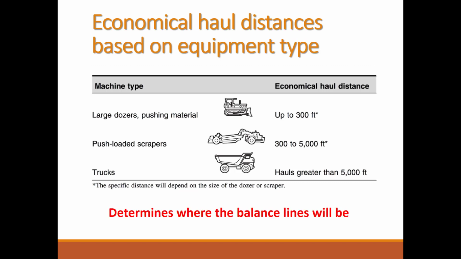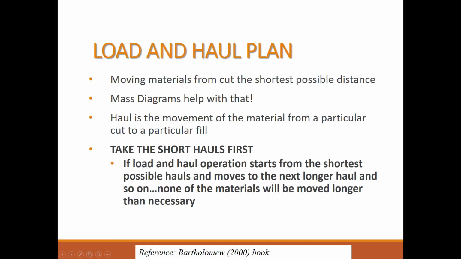The load haul plan, we're going to be using it to determine also where the balance lines will be, based on these pieces of equipment that you see up here. We are trying through our load and haul plan to cut and move the equipment the shortest possible distance. We are trying to do that using the mass diagram, and as I mentioned before, haul is the movement of the material from a particular cut to a particular fill.